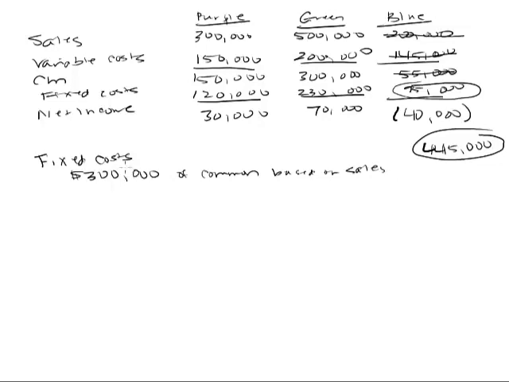Okay. Now, in addition to that, the purple has $30,000 associated specifically to it. Green has $80,000, and the blue has $35,000. So specific to the product line, you're going to have $30,000 that goes to the purple, $80,000 the green, $35,000 blue, in addition to the common sharing of the $300,000.